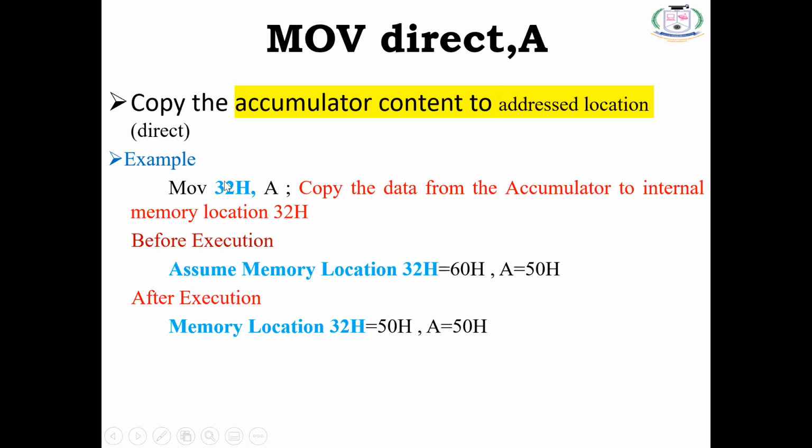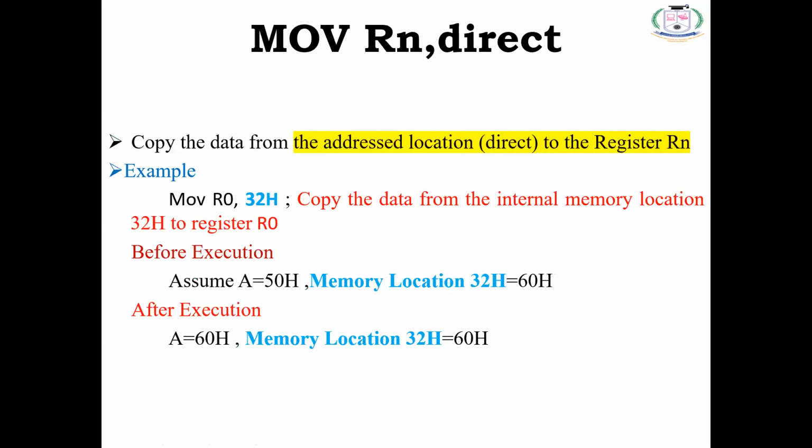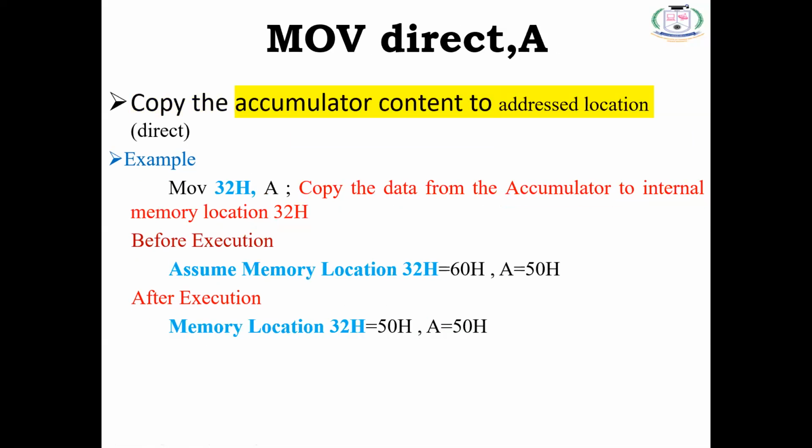What is the capacity of internal data memory? 256 bytes, 256 locations. That means 00 to FF. So that is my location, and I have to move my value there.